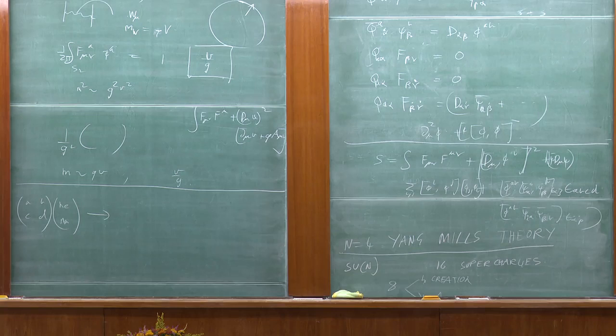Why is A0 central? Let's say that we're working in the gauge A0 equals 0, for instance. We just stay in that gauge. All we do is, in that gauge, we don't want to deal with modes that are really pure gauge.